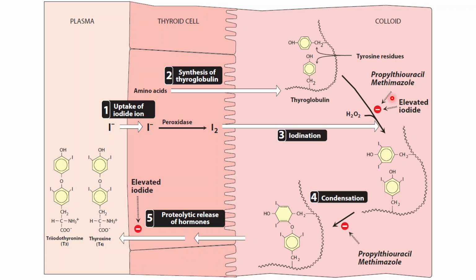This decrease in the thyroid production with the iodine is called Wolff-Chaikoff effect, and it only lasts several days, so that is why iodine is not used for the long treatment, only for the thyroid storm.